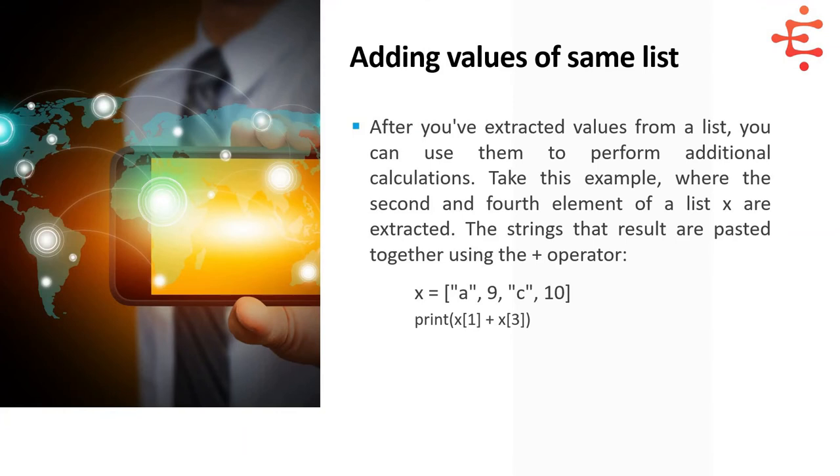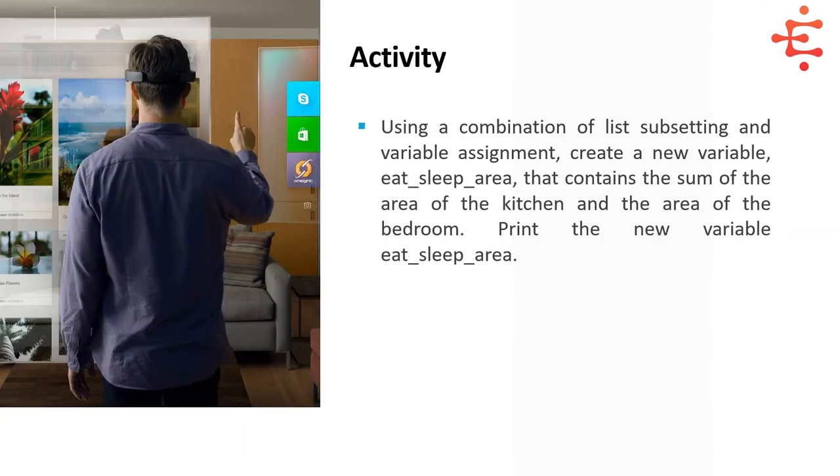I hope you are. So now I'm having an activity using a combination of list subsetting and variable assignment. Create a new variable eat sleep area that contains the sum of area of the kitchen and area of bedroom, and print the new variable eat sleep area.